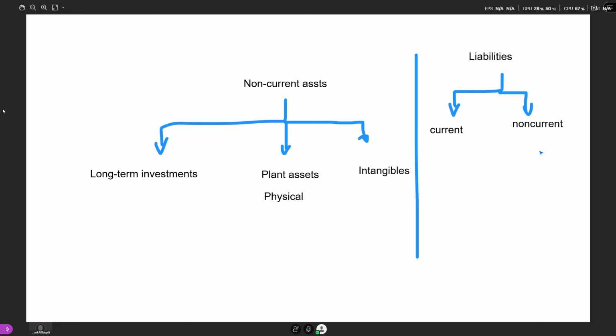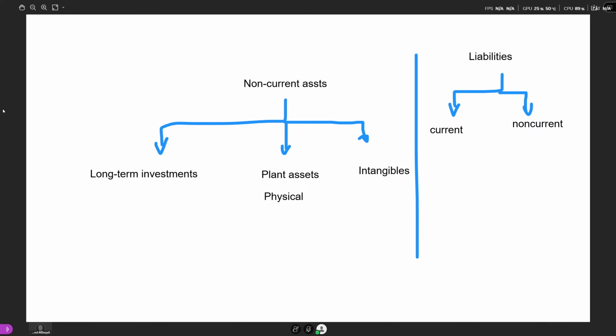Any questions? Any questions about the chapter first, and then we'll address any other questions. Okay, so basically this is mainly what we have to cover in chapter 4.